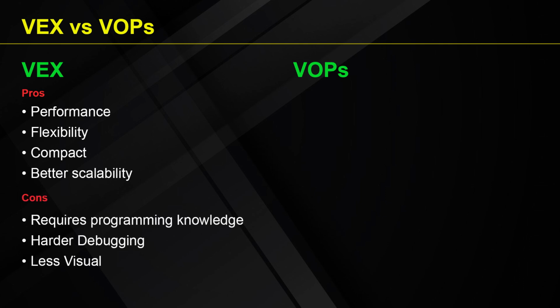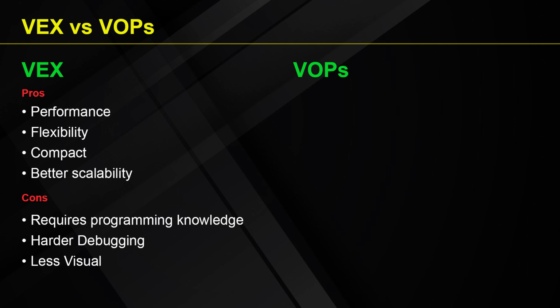Requires programming knowledge. VEX demands a level of coding proficiency, which can be intimidating for beginners. Harder debugging. When something goes wrong, pinpointing the issue in lines of code can be challenging. Less visual. Without a graphical representation, understanding and communicating VEX logic can be harder, especially for team collaborations.